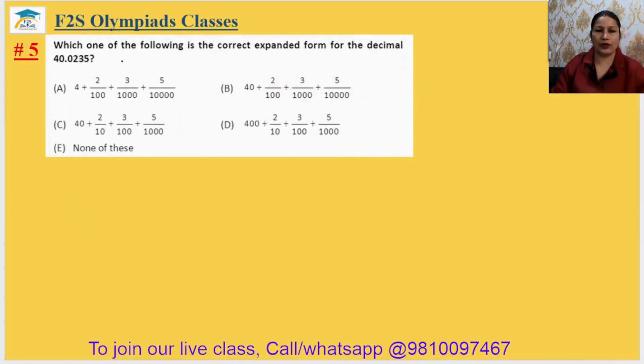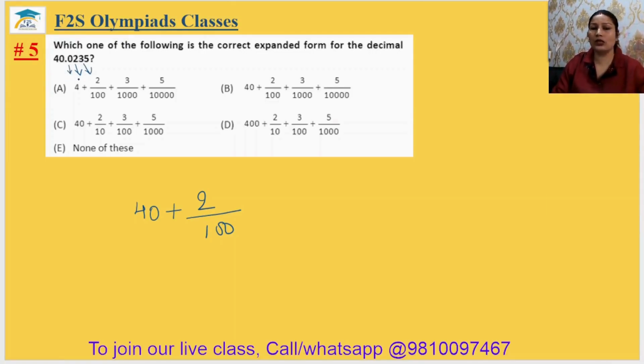Come to question number 5. Which one of the following is the correct expanded form of 40.0235? So we can write it as 40 plus 2 by 100. Why 100? Because 2 is at the 100th place, 3 is at the 1000th place, and 0 is at the 10th place.